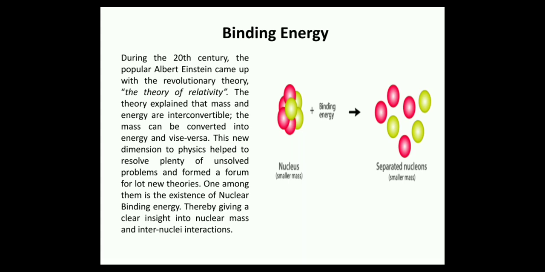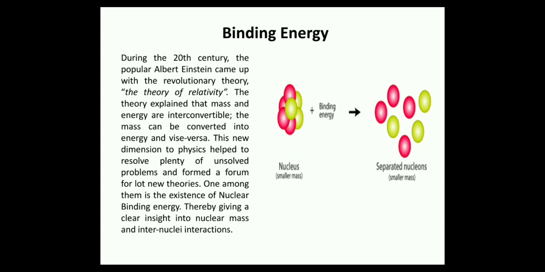Binding energy. During the 20th century, the popular Albert Einstein came up with the revolutionary theory of relativity. The theory explained that mass and energy are interconvertible. Mass can be converted into energy, and vice versa.